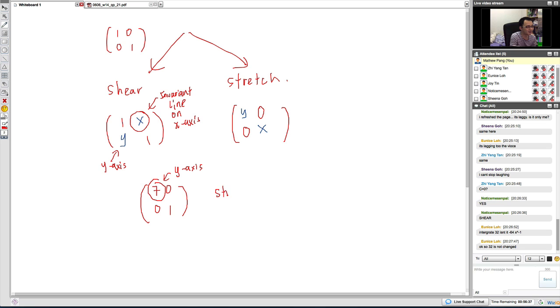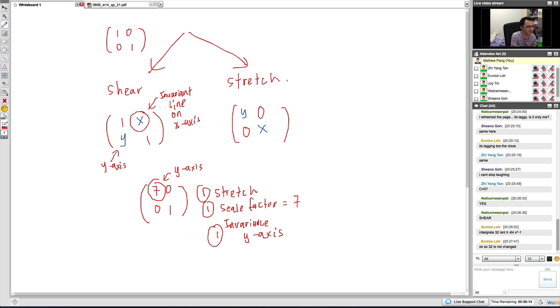The skew factor I will still use 5, because the negative 5 is just because it goes back. It doesn't mean the skew factor is negative 5. So the skew factor I remain using 5, and because of that position, I know the invariant line will be the x-axis.